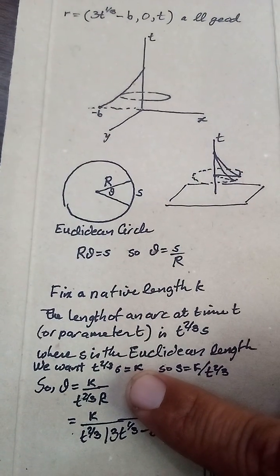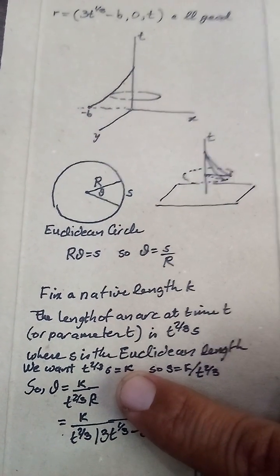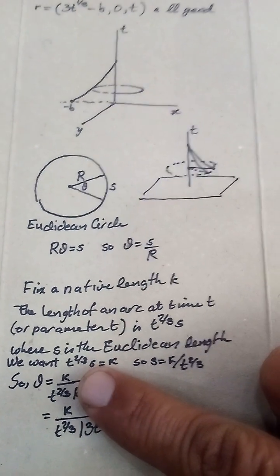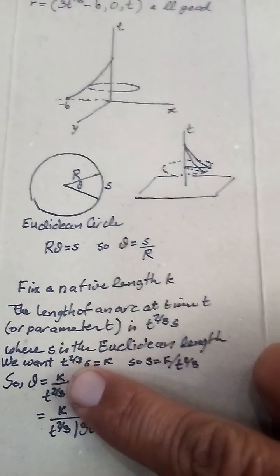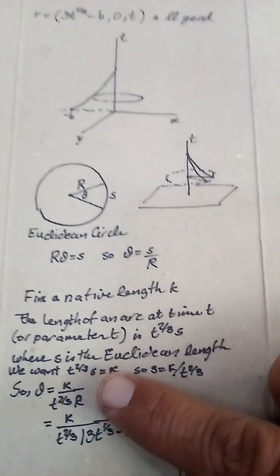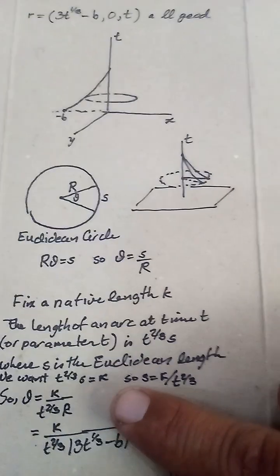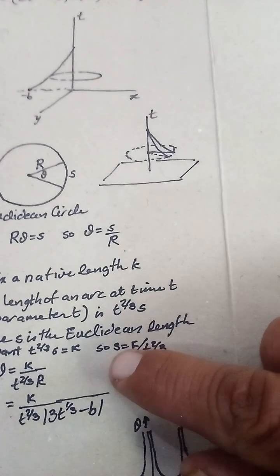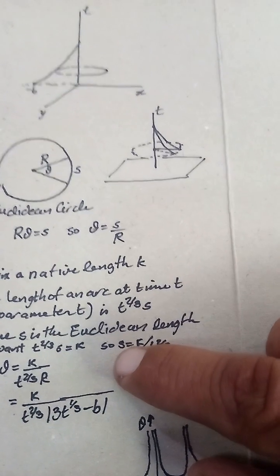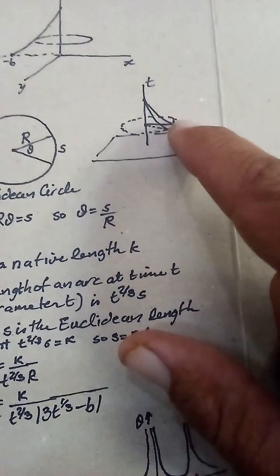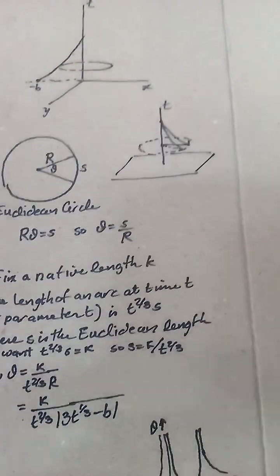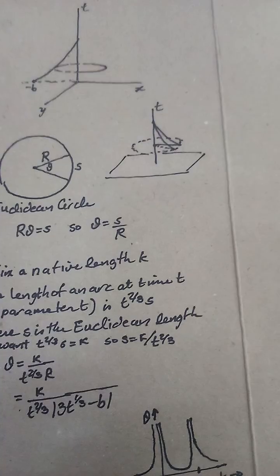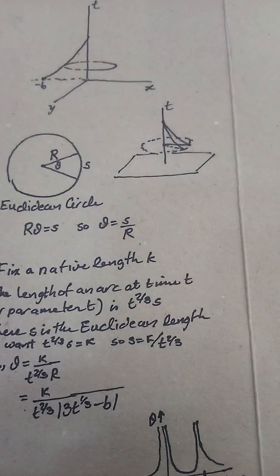So you find some arc such that when multiplied by t to the 2/3, because we're looking at time t, it will have length k. Solving this algebraically, the Euclidean length of that circle arc has to be k divided by t to the 2/3.